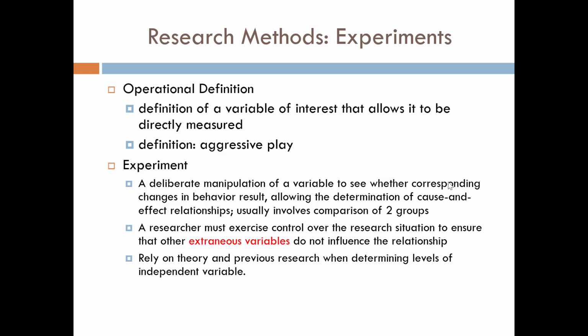It's also important to try to rely on theory, but keep in mind that all hypotheses do not have to come from theory. Some hypotheses may be more data driven or based on existing research conclusions.